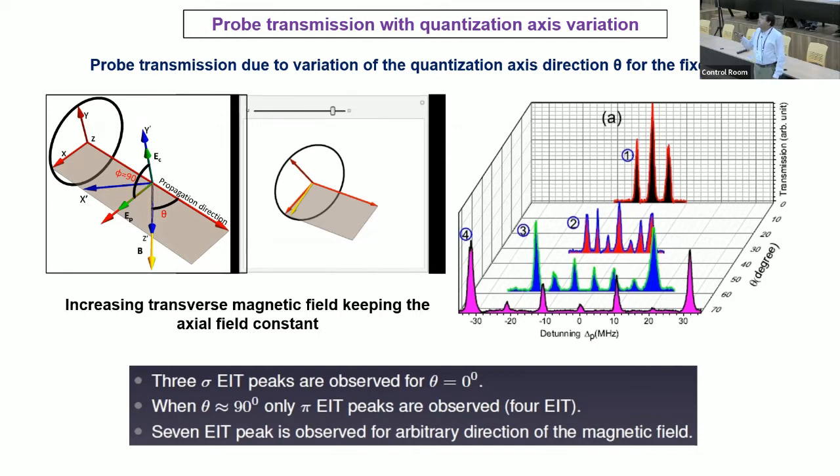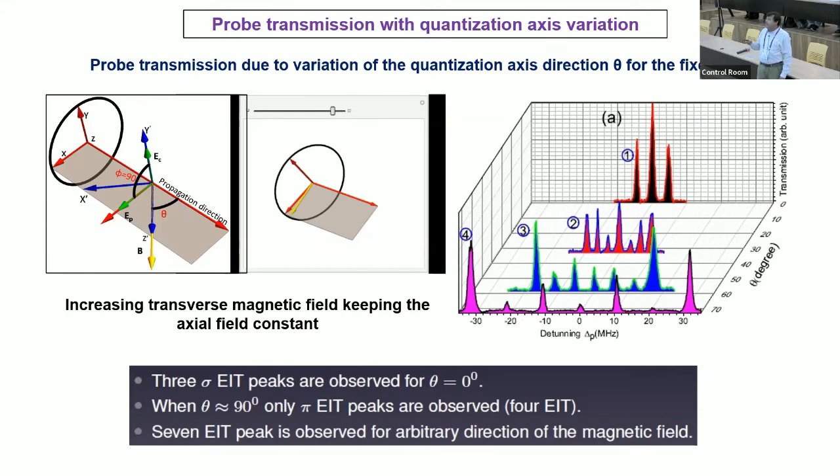So you can see here that these are the 3 sigma EIT peaks. But here at theta close to 90, these are the pi EIT peaks. We didn't go exactly to 90 just because of some practical experimental conditions. So we couldn't go there basically. So you see that from the 3 sigma EIT peaks, we can go to the pi EIT peaks.